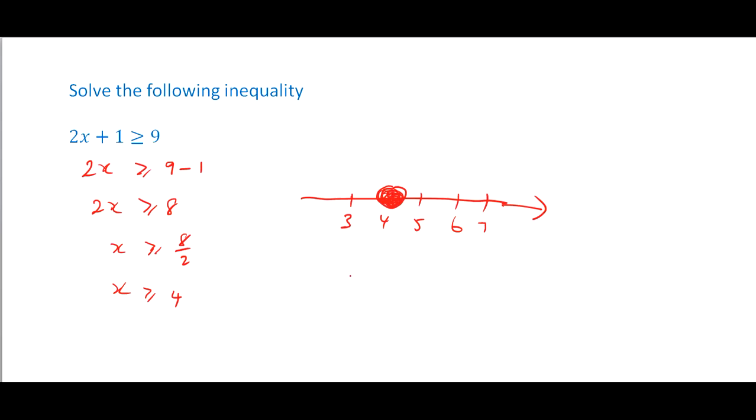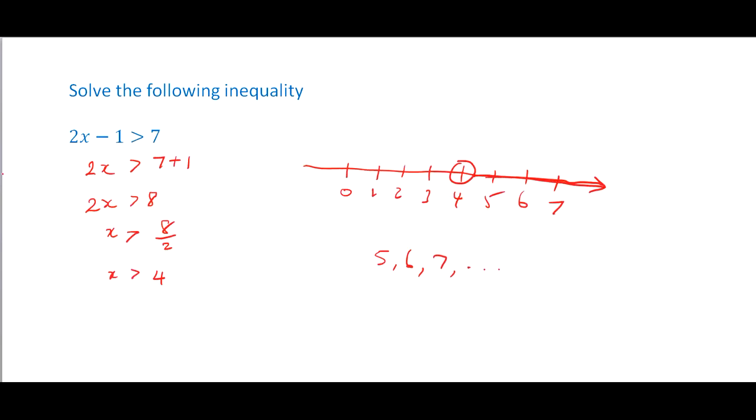And in this case, our solution set will be 4, 5, 6, 7 onwards, right? Notice that we've included 4 in the solution as compared with the previous one where we excluded the 4.